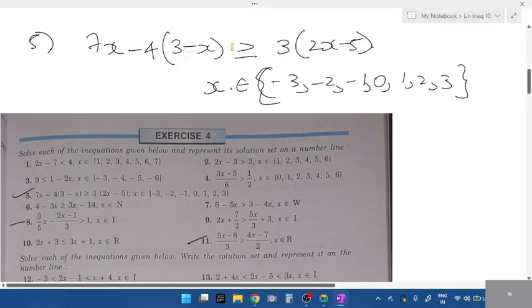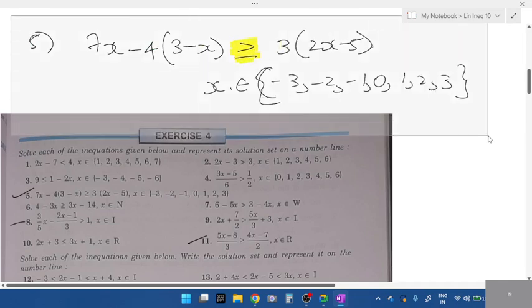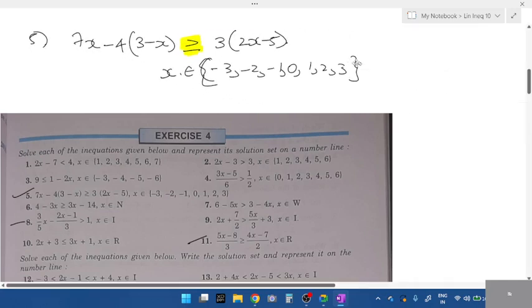So as of now, we are solving only one question, so one greater than equal to symbol. After this, you'll have two symbols. You have to split into two parts and solve. Complete this.